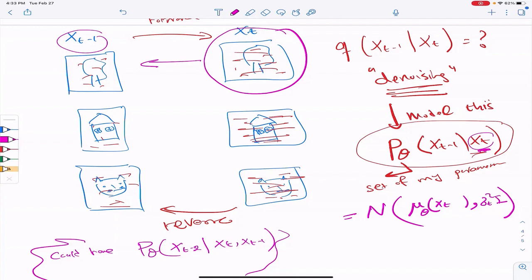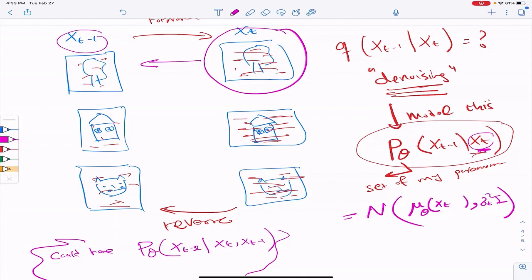Okay, so this function that we have here, should it be a function of the step, the time, or not? Okay, so what is this function?